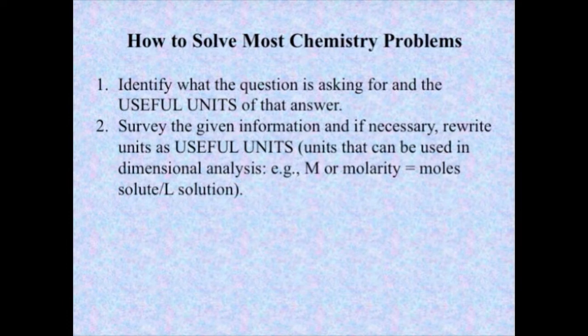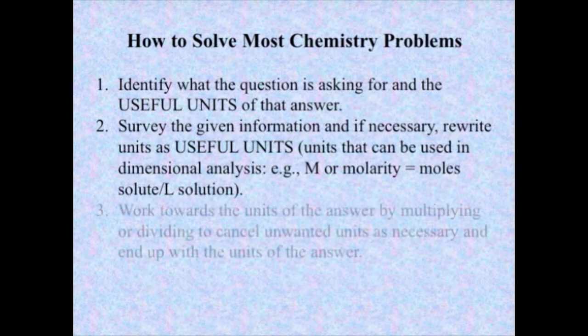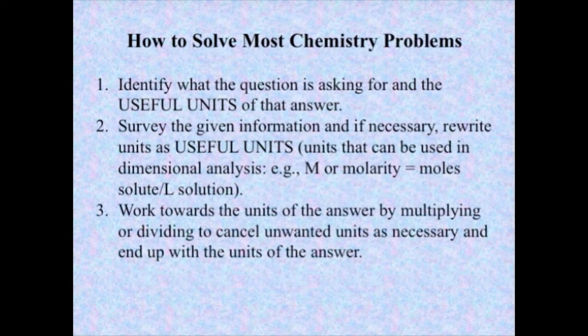You'd need to convert it into the definition of molarity, which is moles of solute per liter of solution. That can be used in dimensional analysis. And then work towards the units of the answer by multiplying or dividing as necessary to cancel out the unwanted units and end up with the units of the answer.